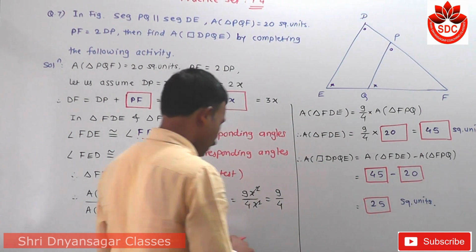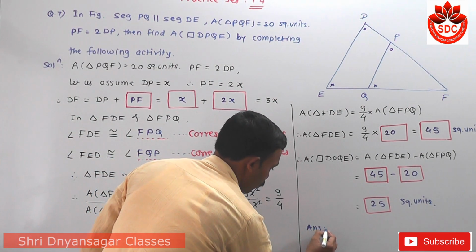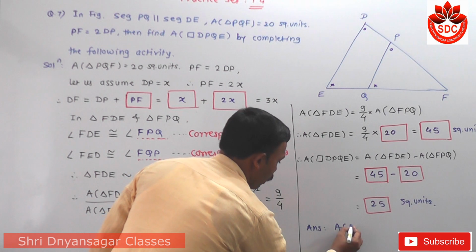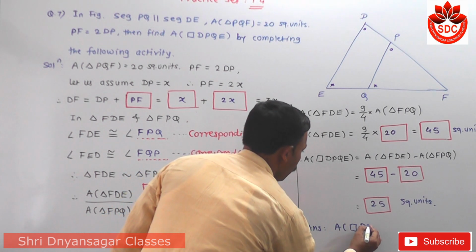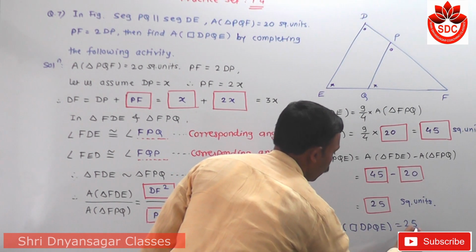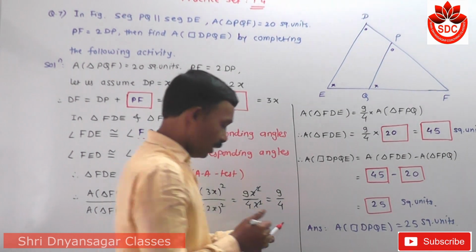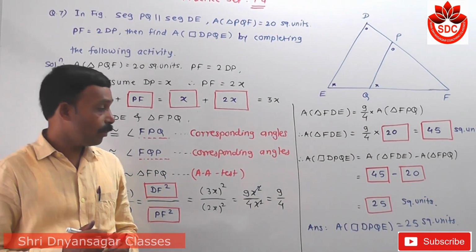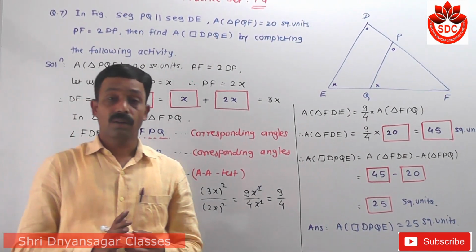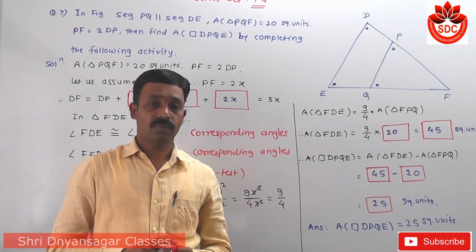The answer in a full sentence is therefore area of quadrilateral DPQE is equal to 25 square meters. Okay, can you understand this practice set 1.4? This is our complete practice set 1.4 of chapter number first, similarity.